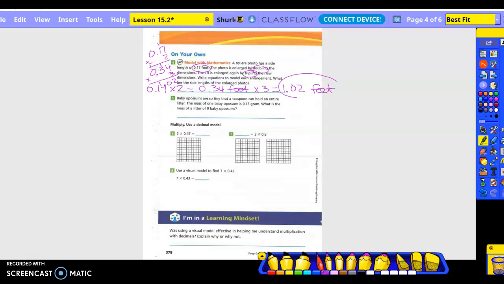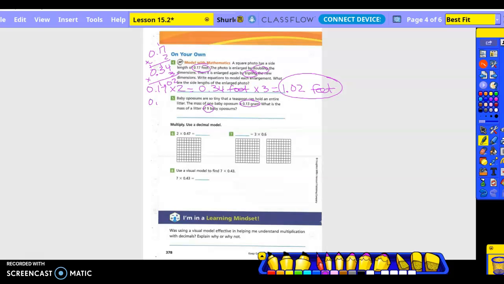All right. Baby opossums are so tiny that a teaspoon can hold an entire litter. The mass of one baby possum is 13 grams. What is the mass of a litter of 9 baby possums? So technically you guys can draw pictures, but we can also do what?